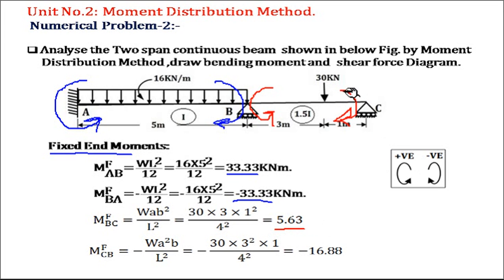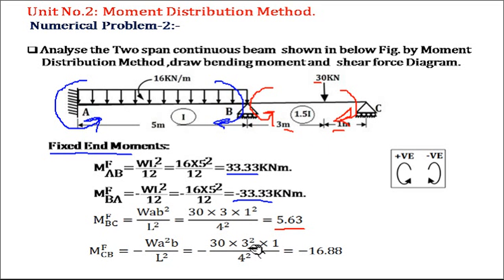Now the fixed moment in member CB will act in the clockwise direction, so it will be negative. The fixed moment in member CB is equal to minus W A square B upon L square. The value of W is 30, A is 3, B is 1, and the length of member BC is 4.